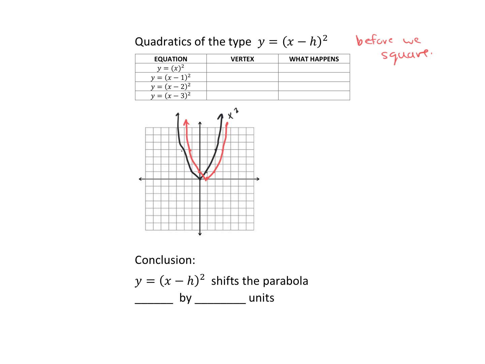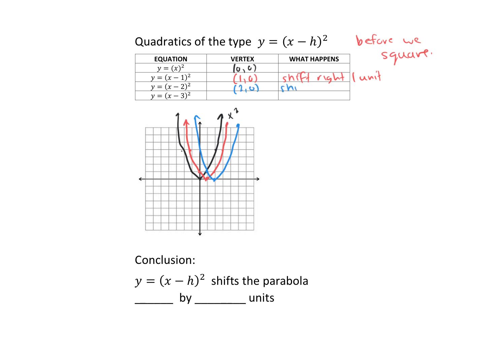This one had a vertex of (0, 0). This one now has a vertex of (1, 0), shifted right 1 unit. Then I'm going to do (x minus 2) squared, and you'll find that it shifts right 2 units. The vertex is at (2, 0).